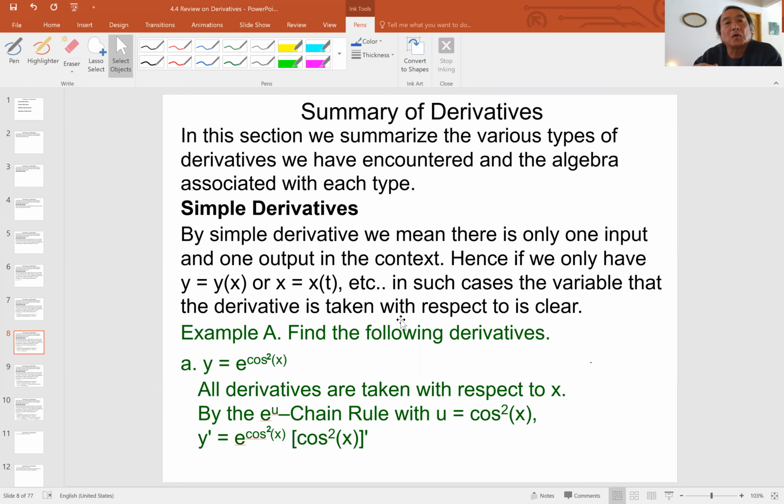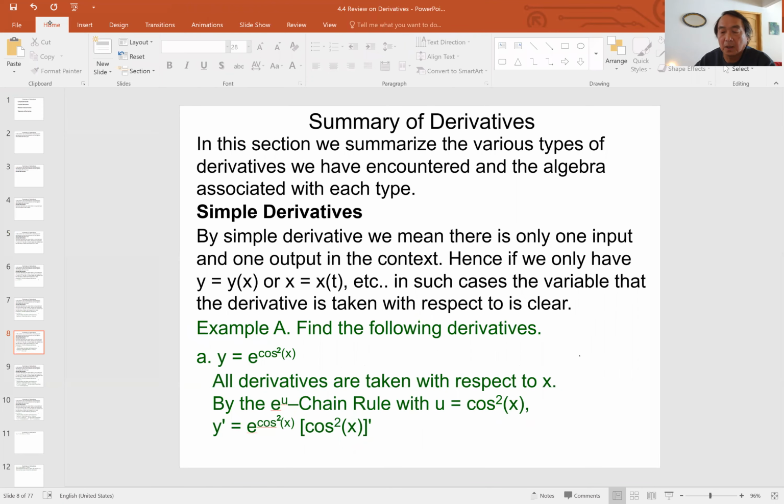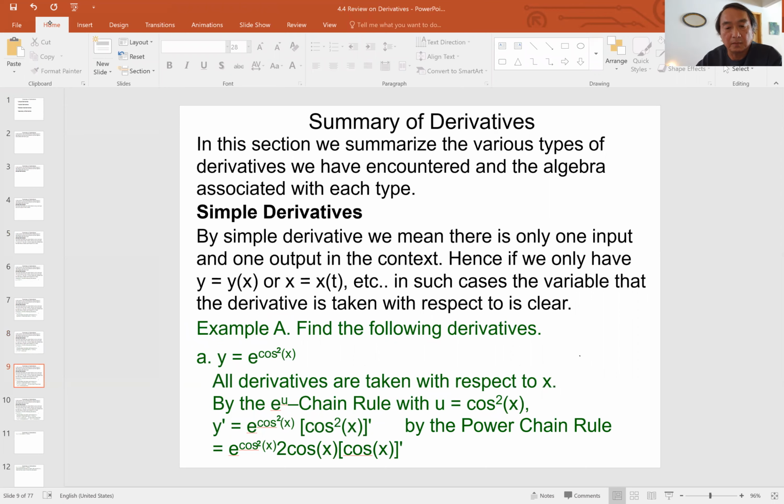The most important rule in this differentiation process is the chain rule.